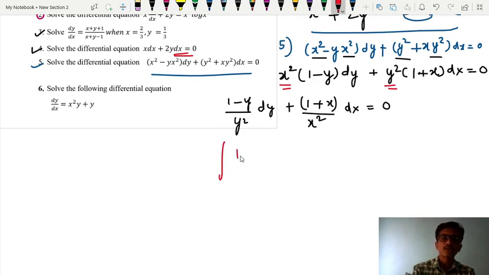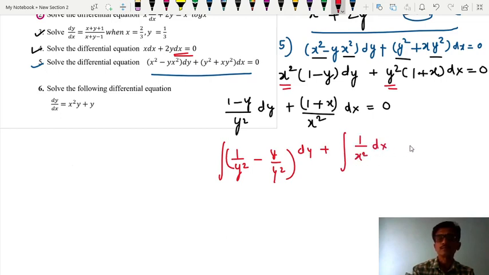This is what? Integral of 1 upon y square minus y upon y square dy plus integration of 1 upon x square dx plus integration of x upon x square dx is equal to c dash.